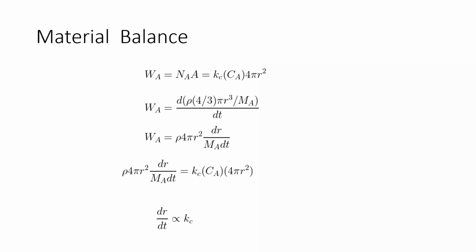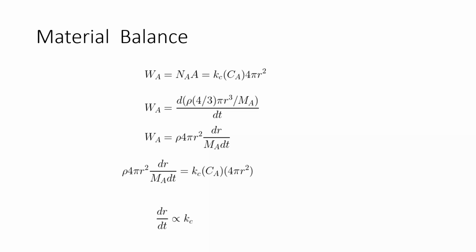It is also mole per second, since N_A is given as mole per meter square second and area is in meter square. Density is constant, M_A is constant, and 4 by 3 is constant. If we differentiate it, it will be 3r square, so it will be 4 pi r square dr upon M into dt.